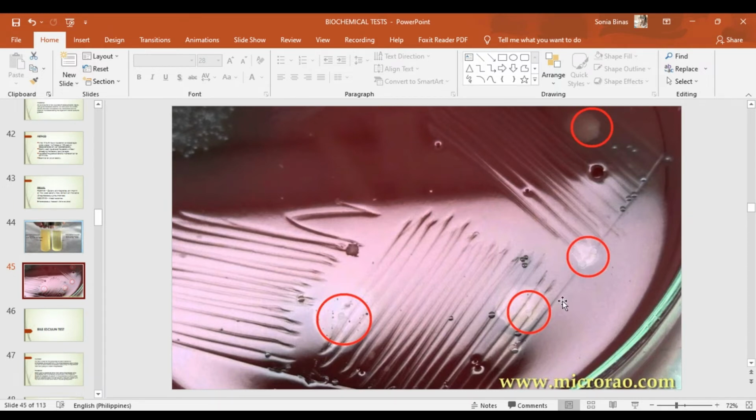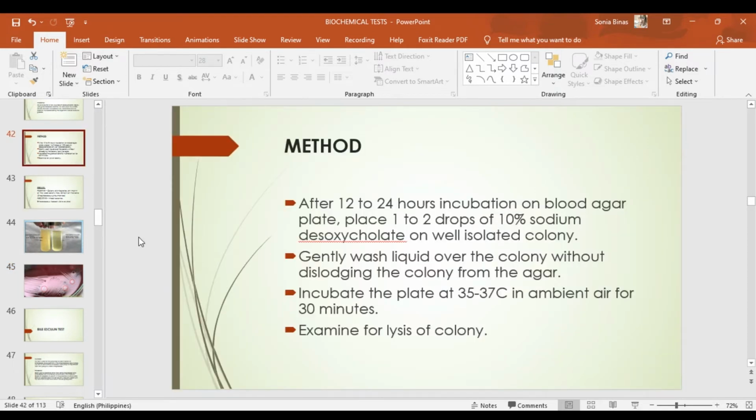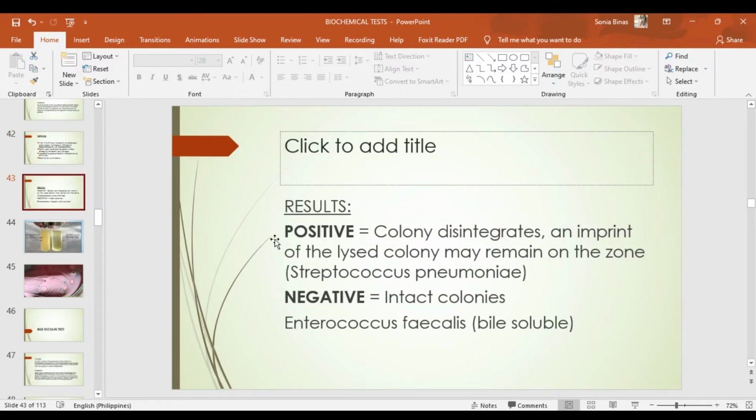Pero yung kanyang zone, di ba, ang ating Strep pneumo ay isang alpha hemolytic. Sabi, di ba, an imprint of the lysed colony may remain on the zone.